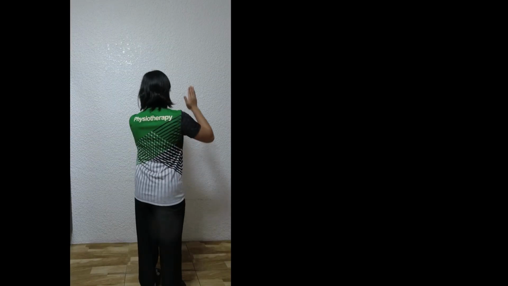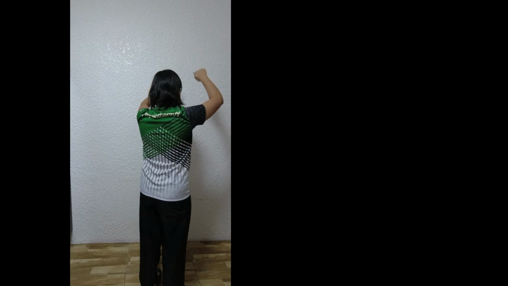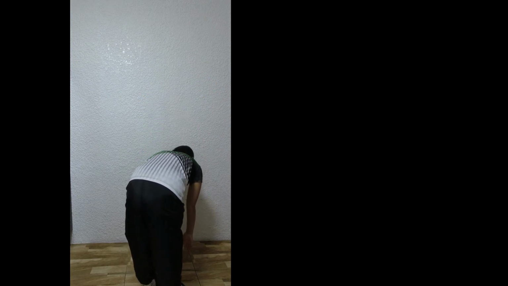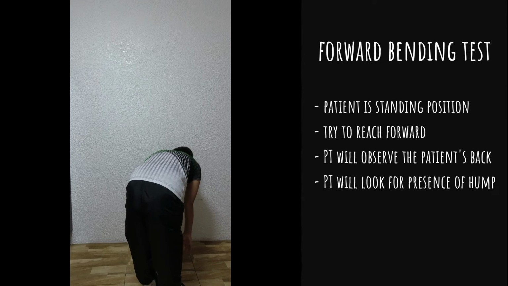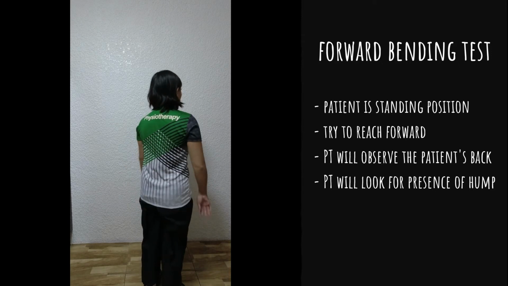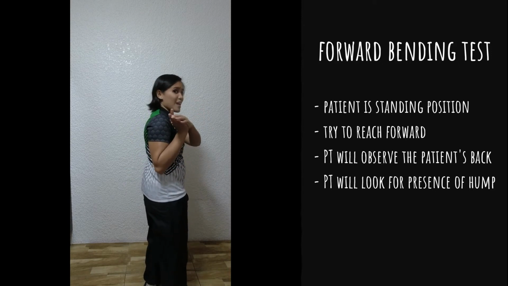Okay? Alright? So for example, I would do forward bending. You just have to ask the patient to reach for the toes, but not necessarily touch if they cannot, and just make sure that the legs are kept straight. Now, try to observe my back if there is a curvature. Okay, so now I will exaggerate.